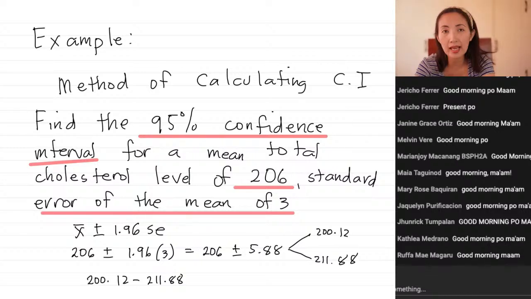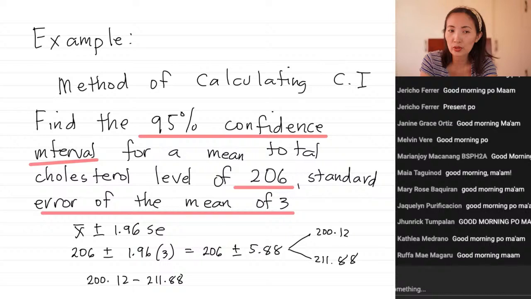If the computed mean is between 200.12 and 211.88, you are 95% confident that the true mean lies within that interval. It also indicates how confident the researchers should be in drawing inferences from the sample to the entire population. So that gives you your confidence interval.